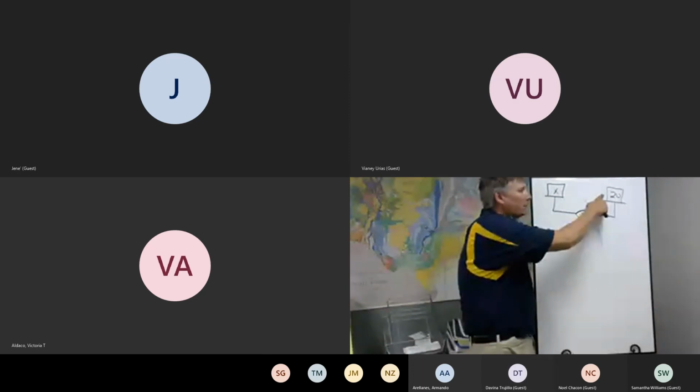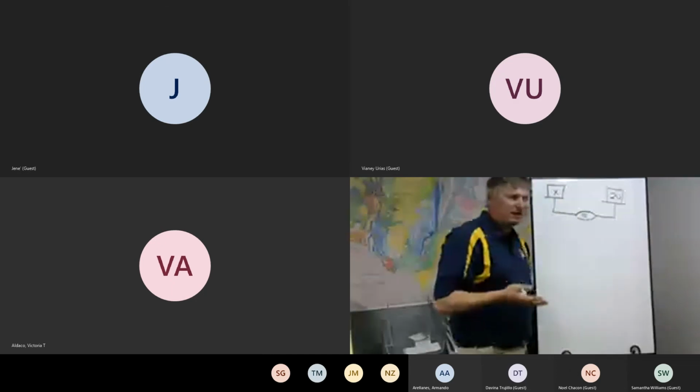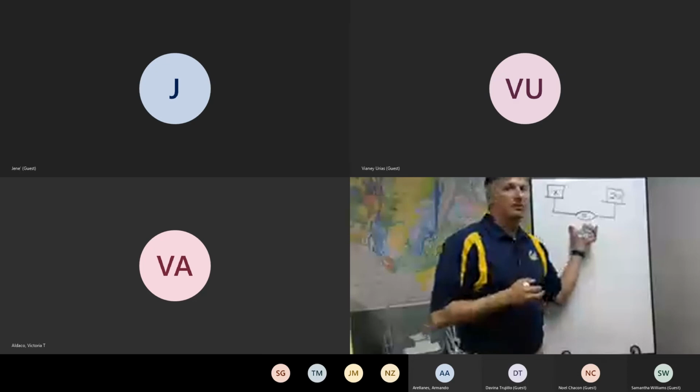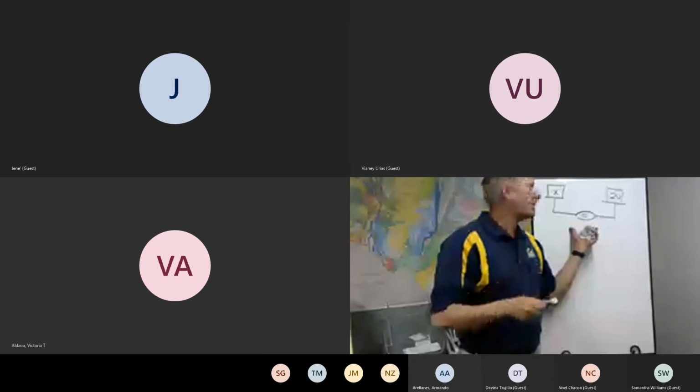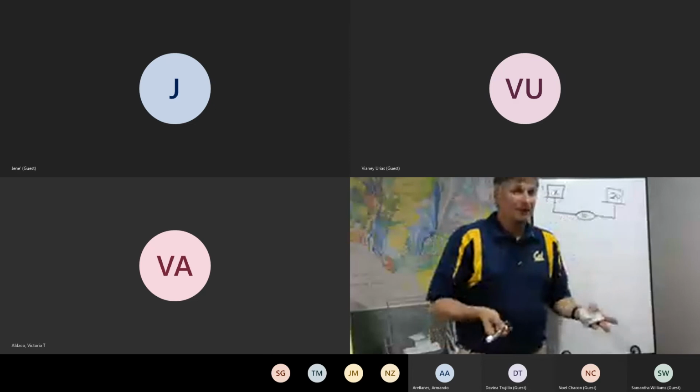This weight is 20. This weight is just labeled X. It's a weight, they just didn't tell us the number. But if these two balance each other, that's only possible if X has been truly identified as 20.